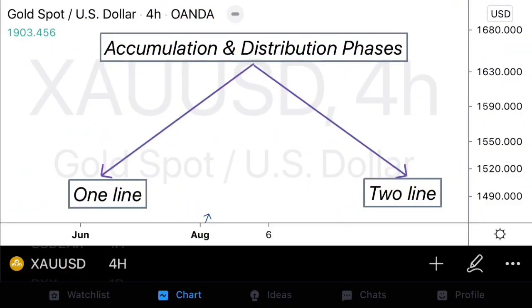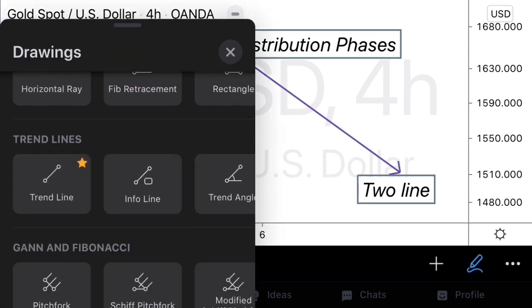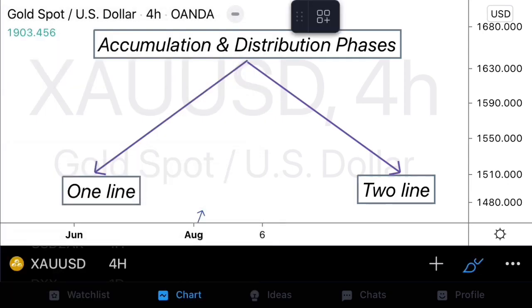Thanks for hopping onto the charts with me, guys. So as we spoke about, we're gonna go through the accumulation and distribution phases. First we need to break down what accumulation and distribution phases are. I know I went over it in the previous video, but so that this video can flow, let's go over that one more time. An accumulation is a market that is accumulating positions for a move to the upside.